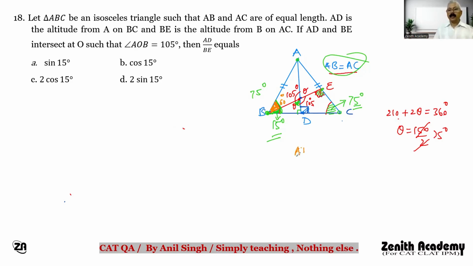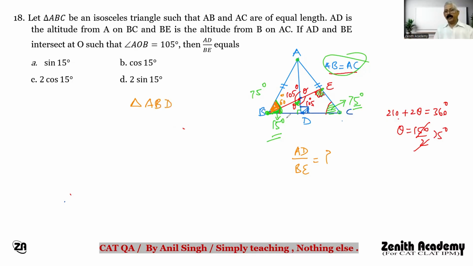And now we have to find AD upon BE. Okay, AD, where is AD? This is AD. Okay, let us take triangle ABD.